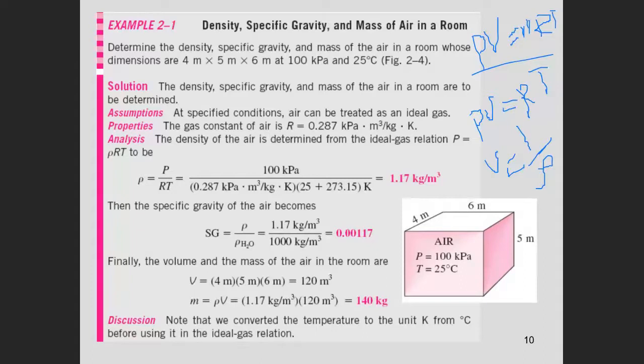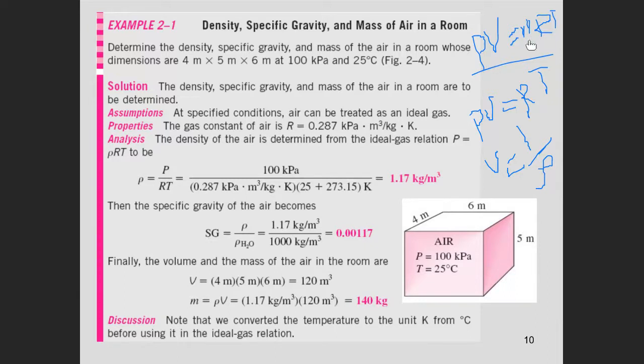So someone puts this PV equals mRT. Okay, I have the pressure, I have the temperature, I might even have R. R for air can be given, and you are given the volume. You can still use this one, because R is given, T is given, P is given, V is given.